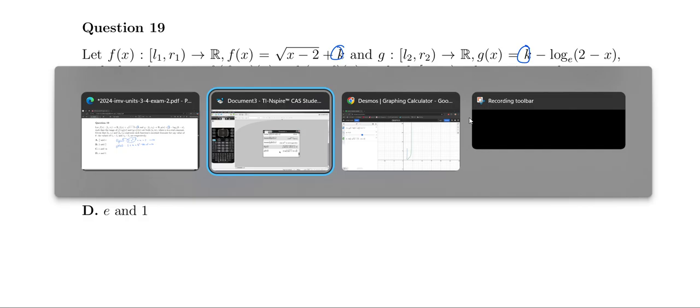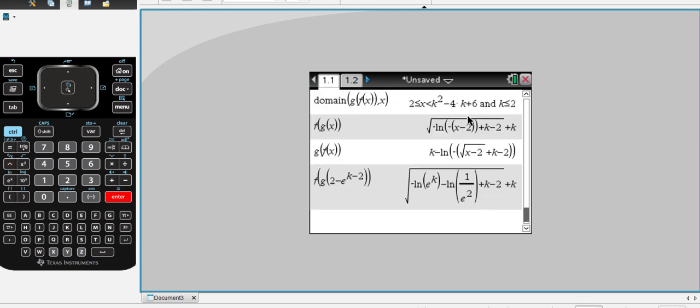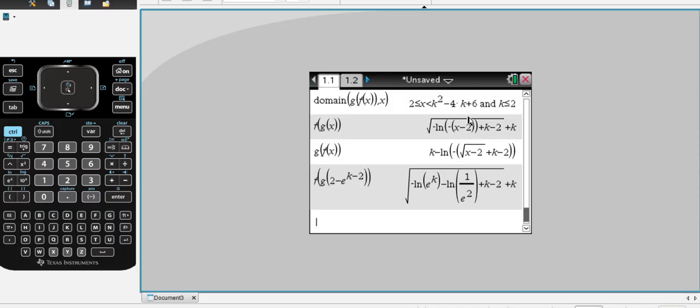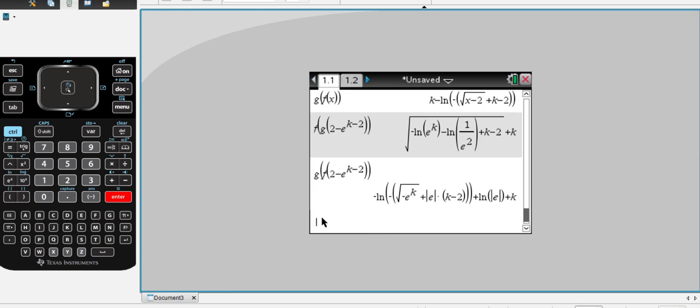So f of g of 2 minus e to the k minus 2, that doesn't seem right. Maybe it's g of f of 2 minus e to the k minus 2.